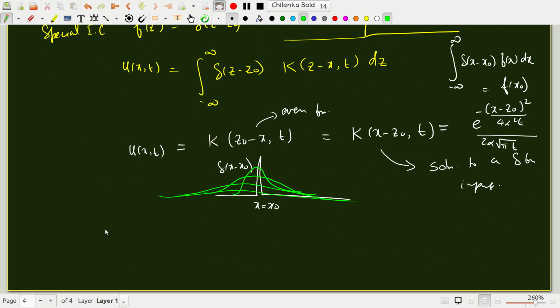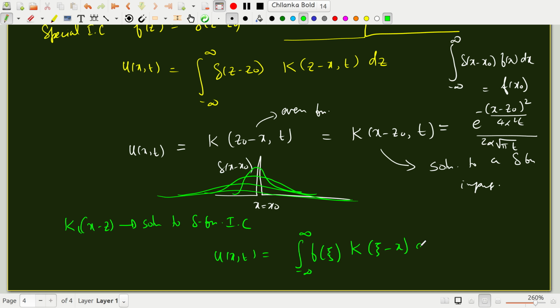Now how do you understand this? What you have found is k of x minus z, or z minus x, is the solution to a delta function initial condition. The solution for any arbitrary initial condition is nothing but summing over, integrating is summing, f of zeta times k of zeta minus x, d zeta.